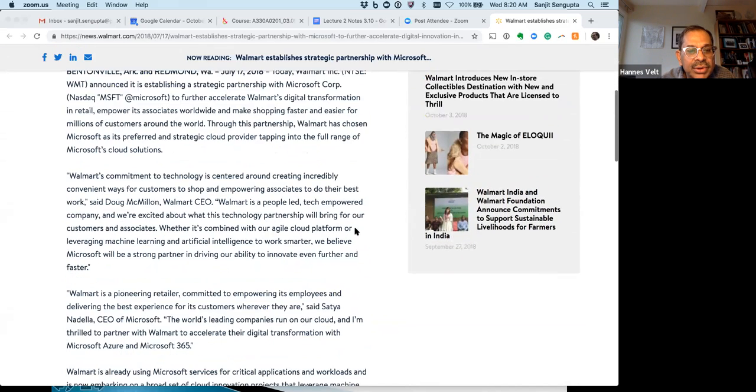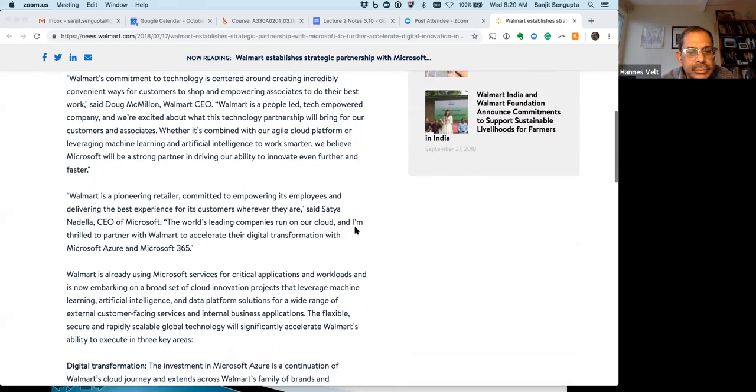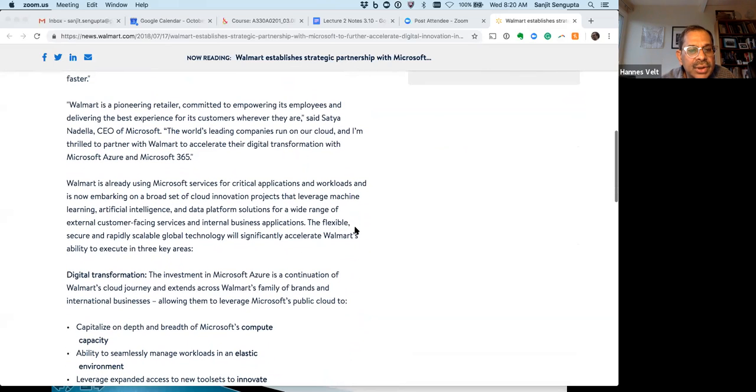Walmart's commitment to technology is centered around creating incredibly convenient ways for customers to shop. Walmart is already using Microsoft services for critical applications and workloads and is now embarking on a broad set of cloud innovation projects that leverage machine learning, AI, and data platform solutions.